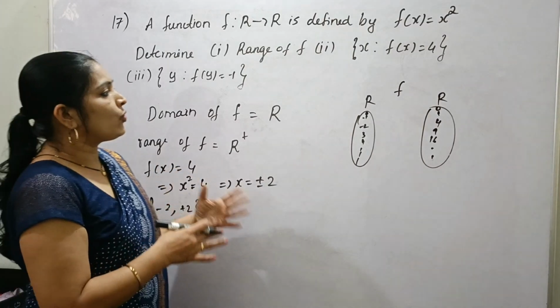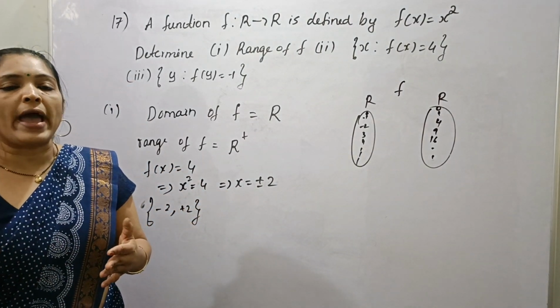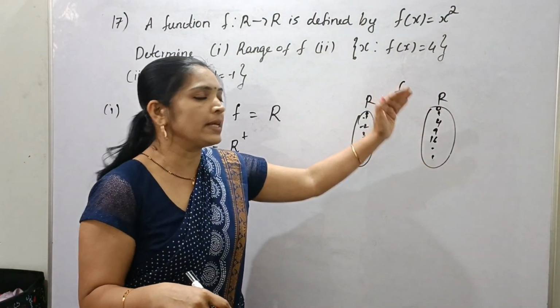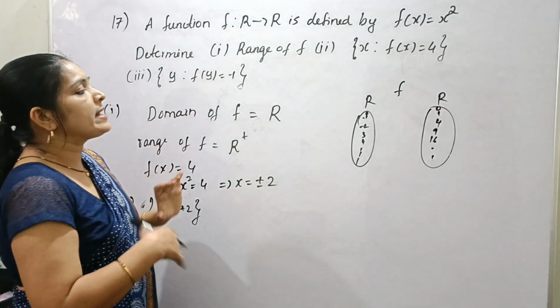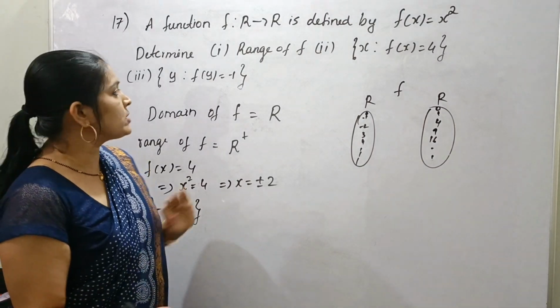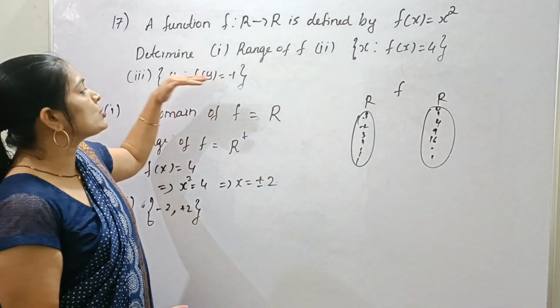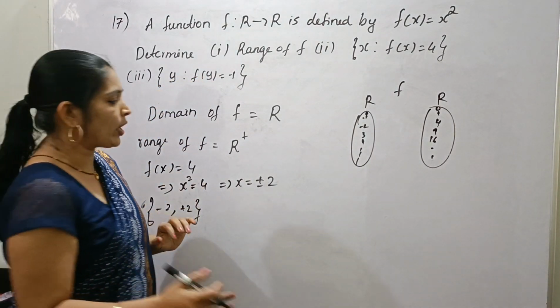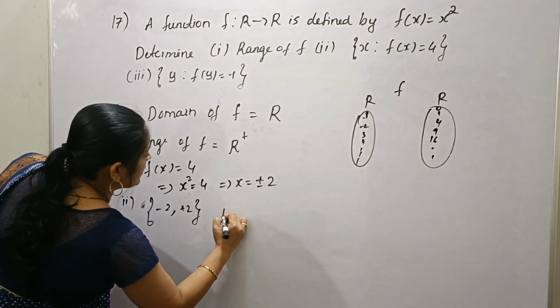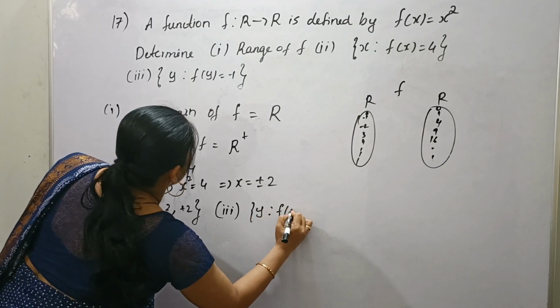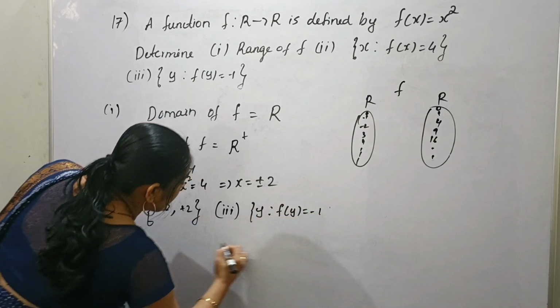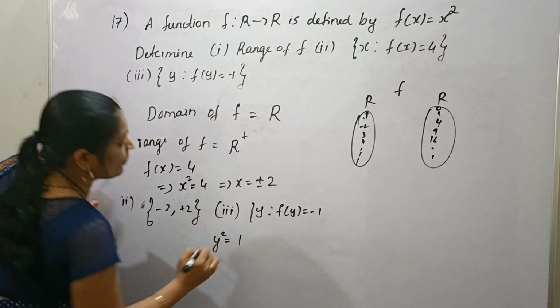See, as I mentioned before, there are no negative values in codomain, that is, in range. Therefore, it is not possible. So, this set is an empty set. Okay. So, the third one is y such that f of y is equal to minus 1. That implies y square is equal to minus 1.